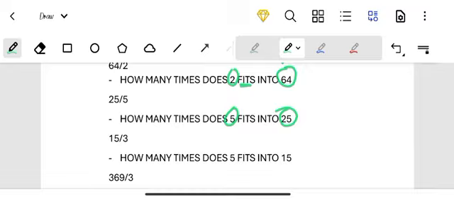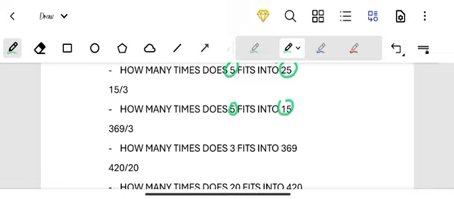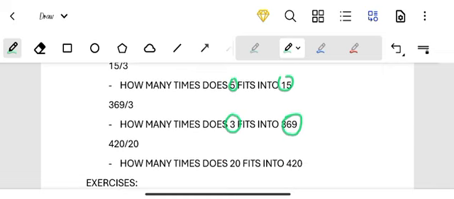Then you're working out 15 divided by 3. You ask yourself again, how many 3s are inside 15? Okay, so let's look at the other ones. So we have 369 divided by 3. You're asking yourself, how many 3s are inside 369? Jumping to the last one, which is 420 divided by 20. Simple. You just ask yourself, how many 20s are inside 420?